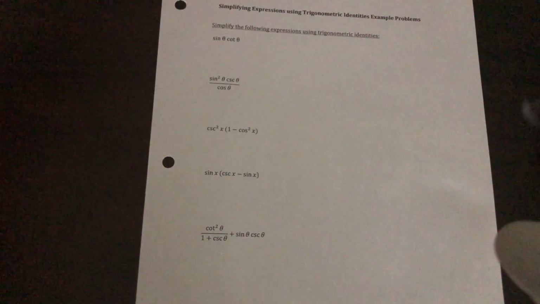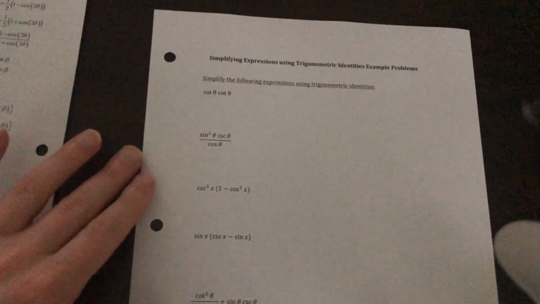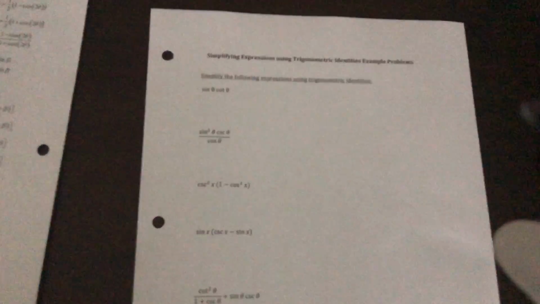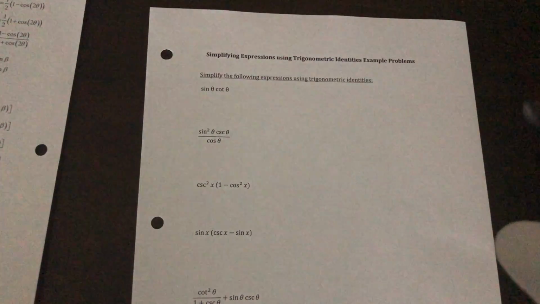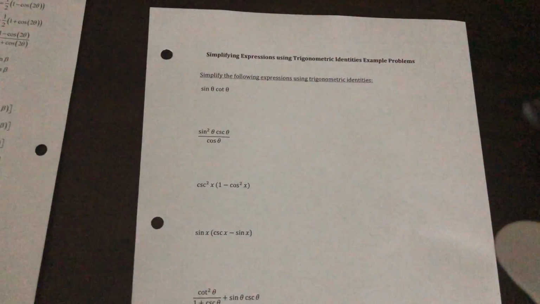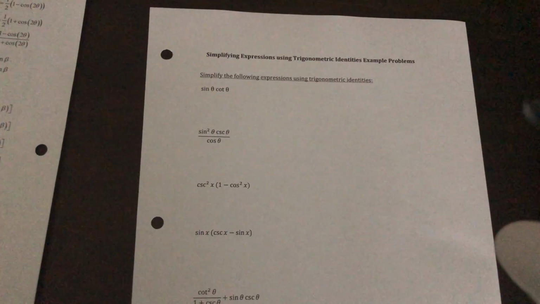Okay, so what we're going to do is use our trig cheat sheet, and we're going to start with the simplifying trig expressions and identities practice problems. Our first goal is to always try and simplify and get everything down to sines and cosines.